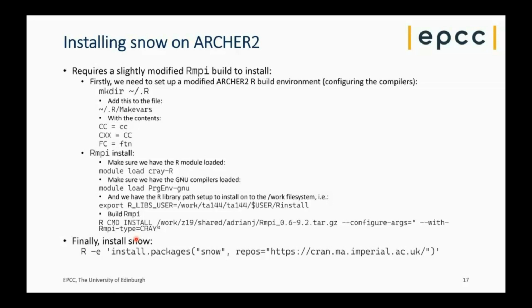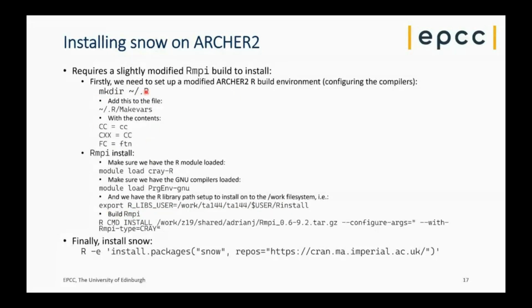Here we're going to use the snow package. If we're going to install things on ARCHER2, just like we saw earlier in the day, we need to specify this R_LIBS_USER environment variable to tell it where to install things.